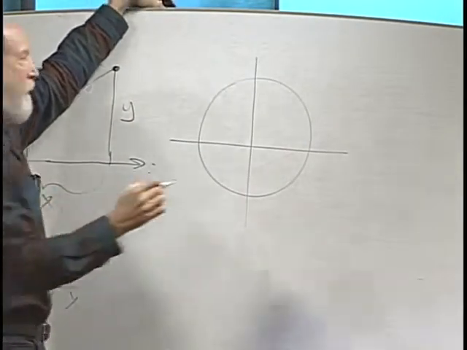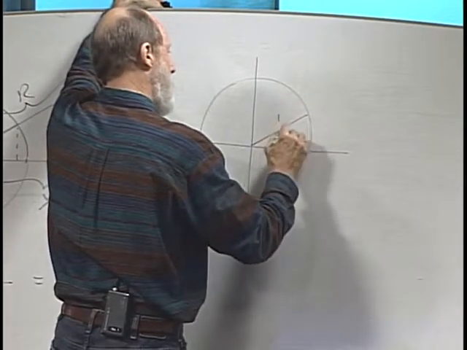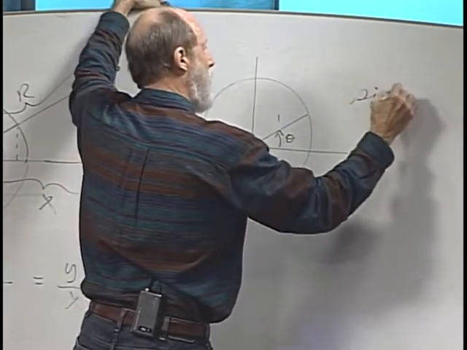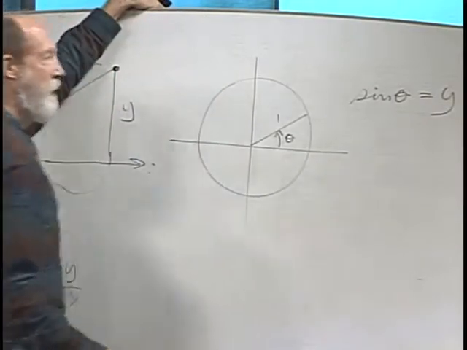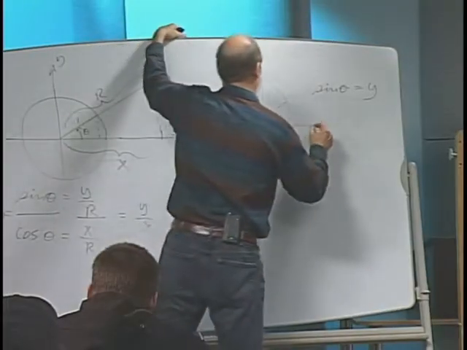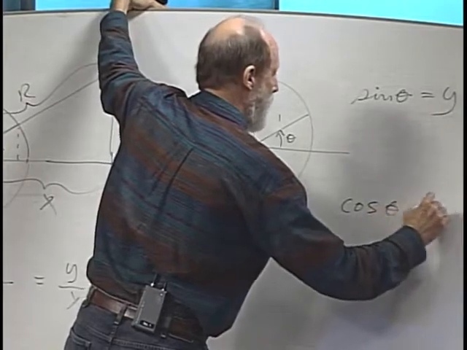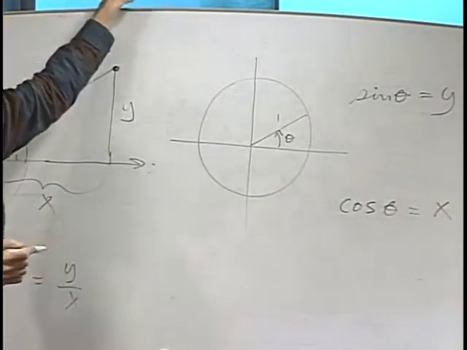So the sine of our standard angle then is going to be the y reading, isn't it, on our unit circle, like we've been practicing. The cosine is going to be the x reading on the unit circle.